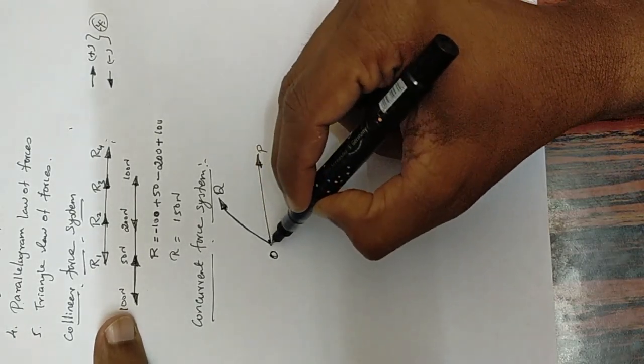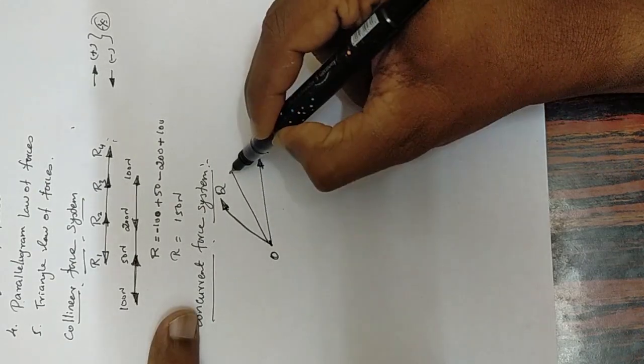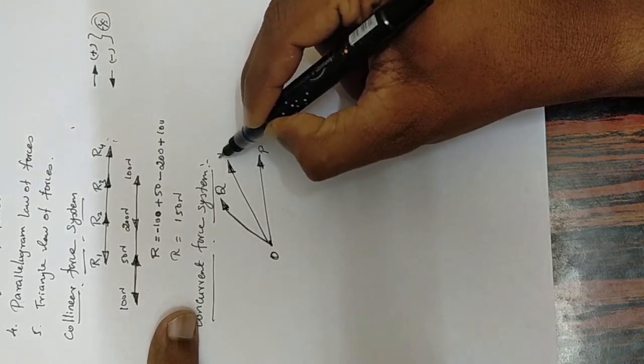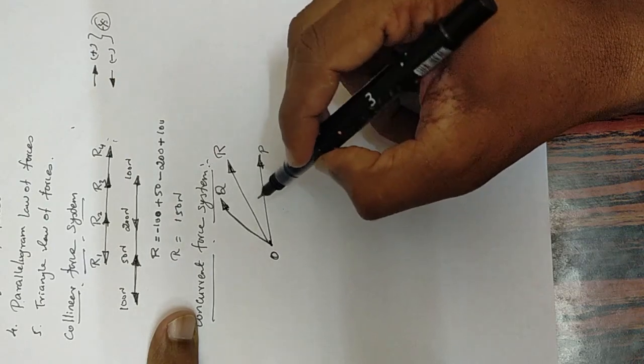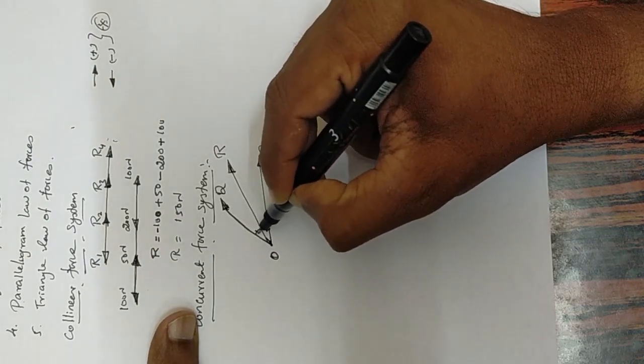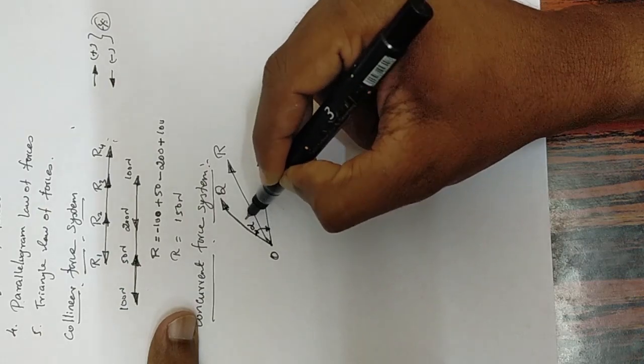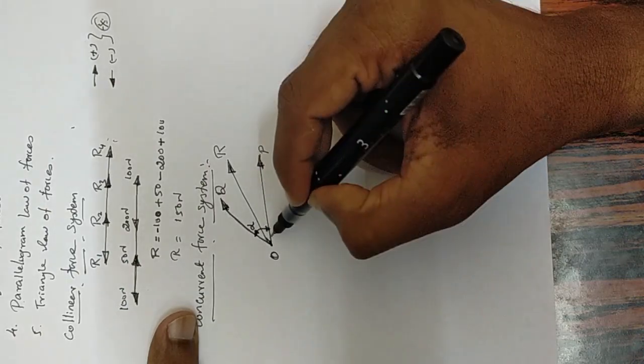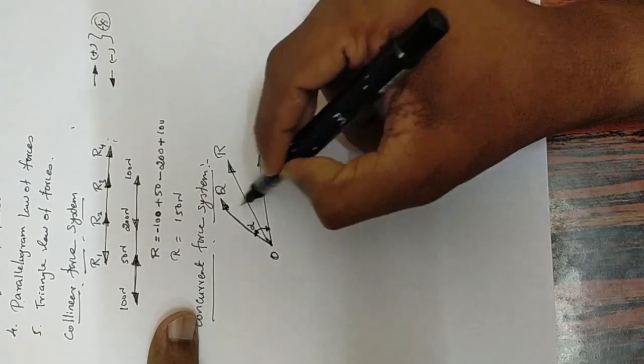In this case, how will you find the resultant force of these two forces? Here the angle between the two forces, that is P as well as Q, is called alpha.